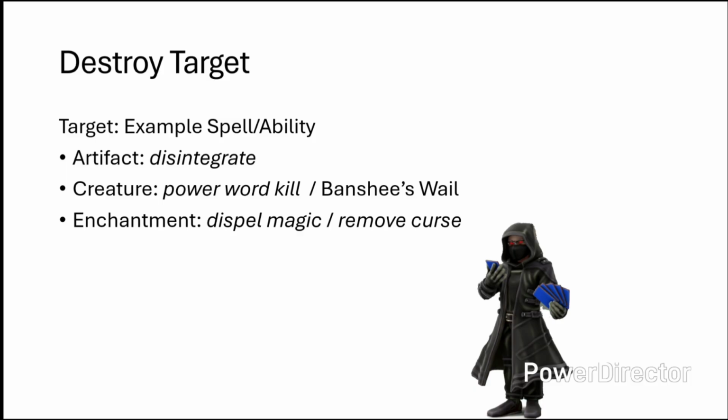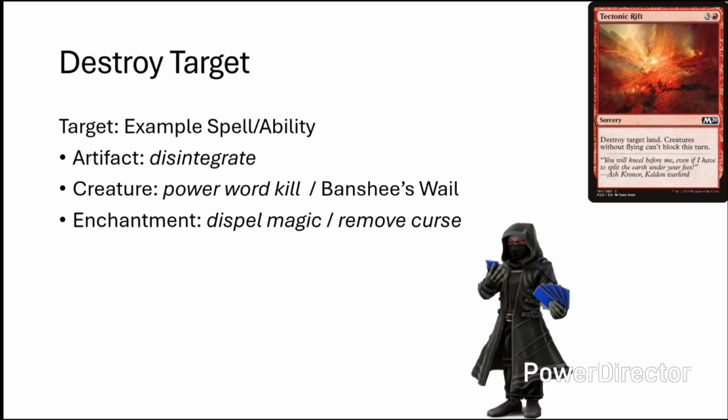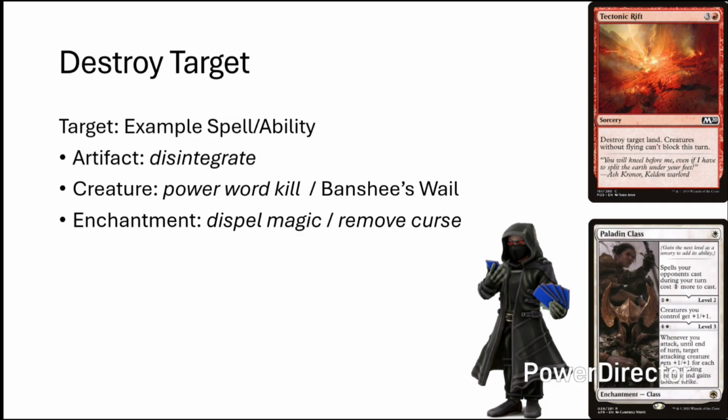Destroying an enchantment would cause a Dispel Magic or Remove Curse-like ability to be used. But then you have cards like land cards, and you also have the new class, background, and even lesson enchantments, which have different effects on a player, and I'm going to be getting into that a little bit later.